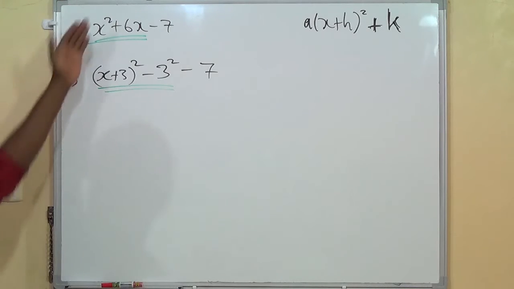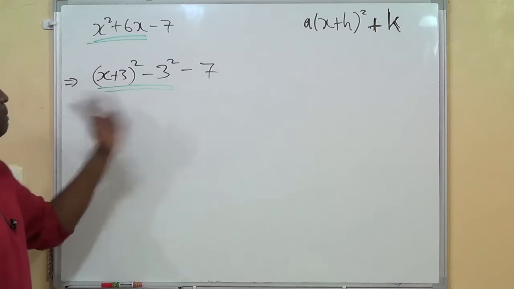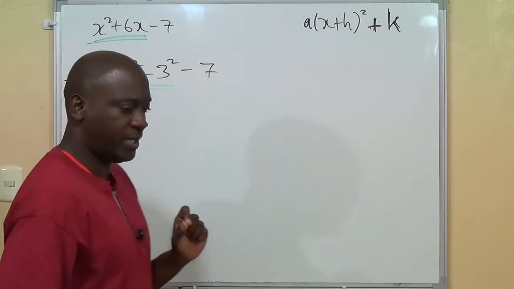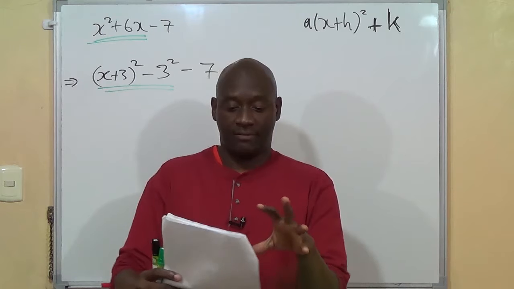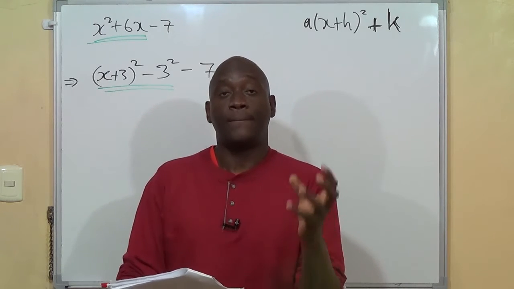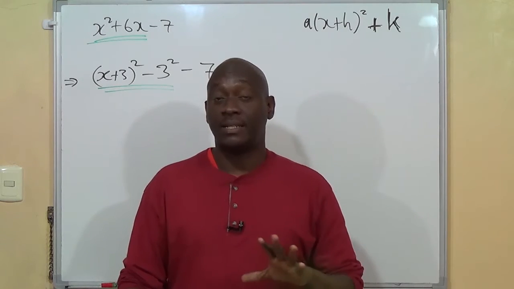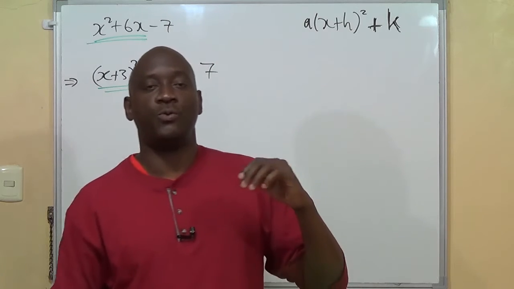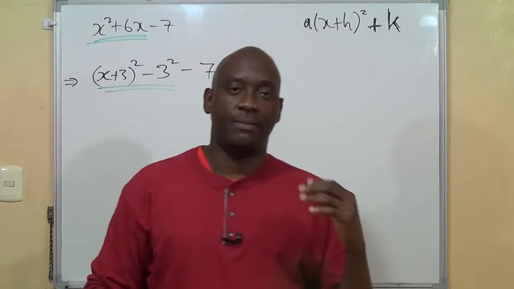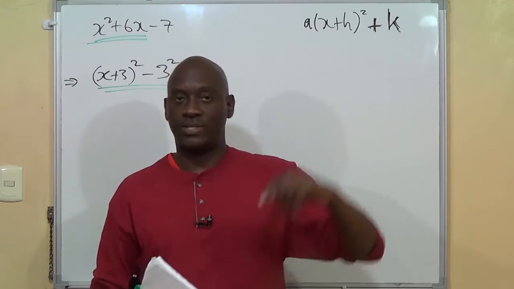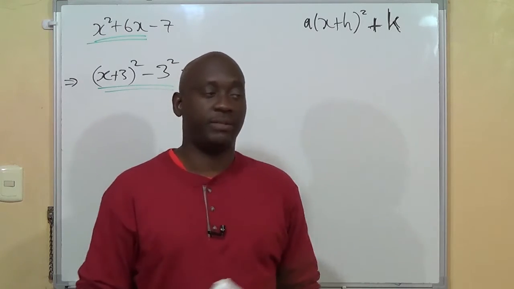So we could just apply that in a kind of automatic sense when we have to complete the square. But even as you apply it automatically, it is important that you know where we get it from and how we get it. And that is why I am doing this video in a series. So we start from the very top and we go right through to the bottom.